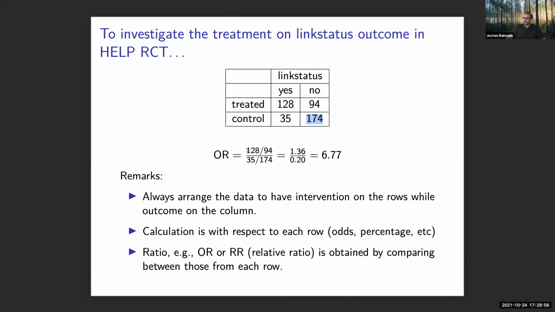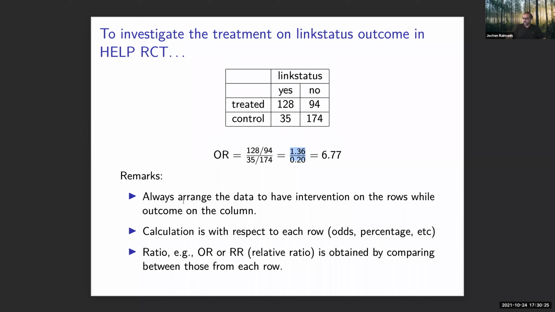Using this to calculate the odds ratio will get us to 128 over 94 divided by 35 over 174, which would get us to an odds ratio of 6.77, which means that those with link status yes were more likely to get treated.